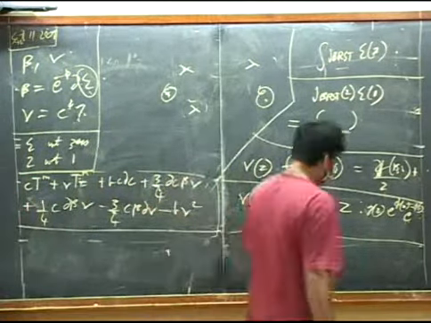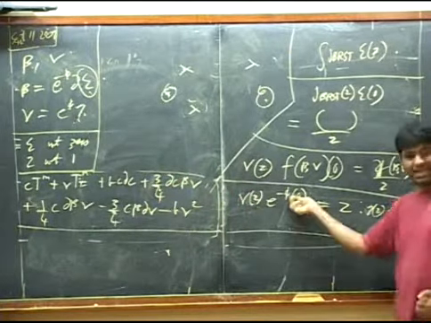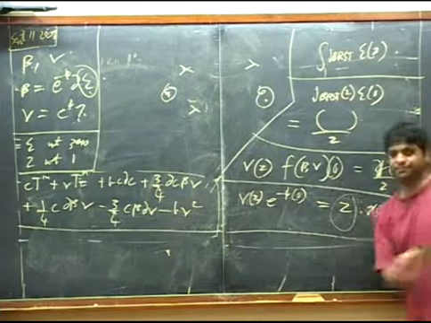The thing we note here is that gamma of z with e to the power minus phi has an OPE that starts as z.